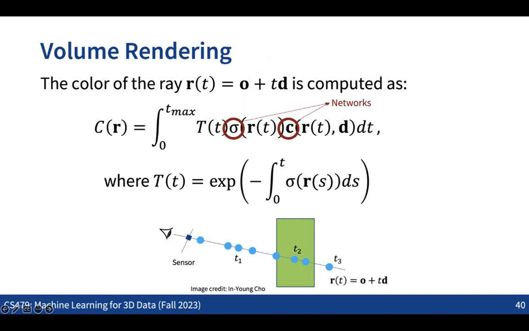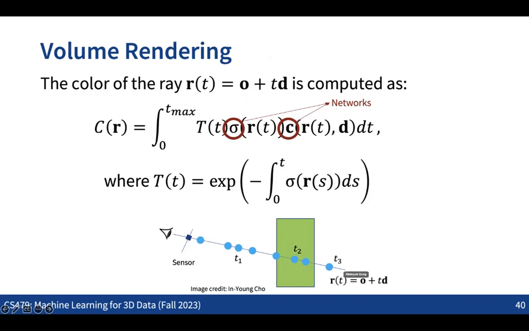And then what's the meaning of this T? This T is the term about the transparency, which also means how likely the ray will not stop until the ray reaches the point. Does it make sense? The ray will travel along this direction.